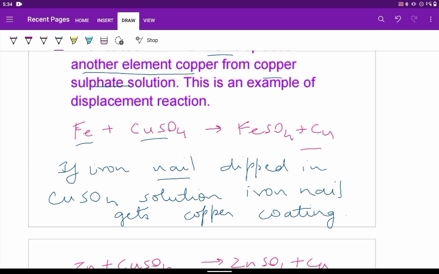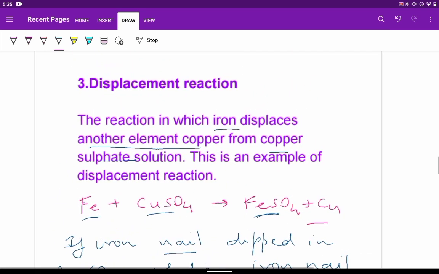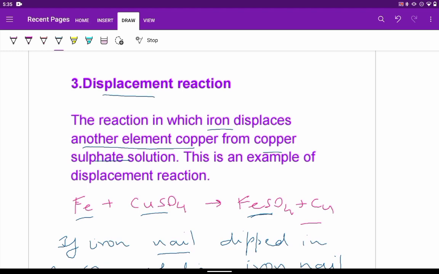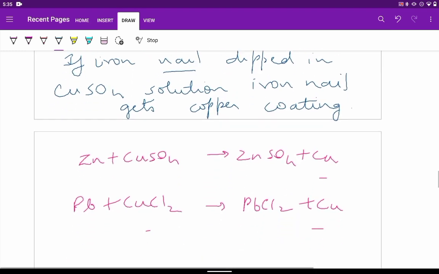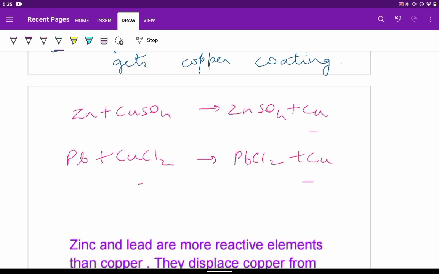The iron nail becomes brownish in color and the blue color of the copper sulfate solution will fade, because FeSO4 has been produced. Iron sulfate has been produced from copper sulfate. So these changes we can observe. So what type of reaction is this? Displacement reaction.